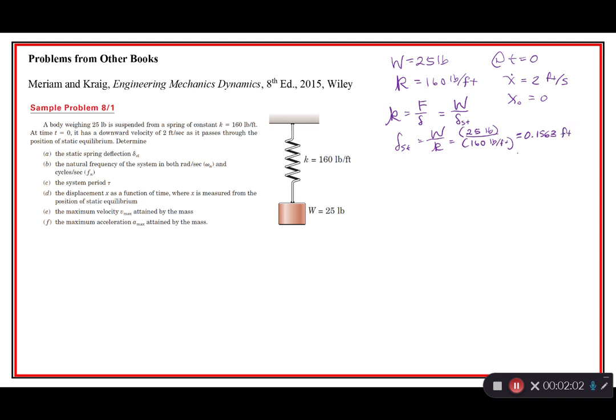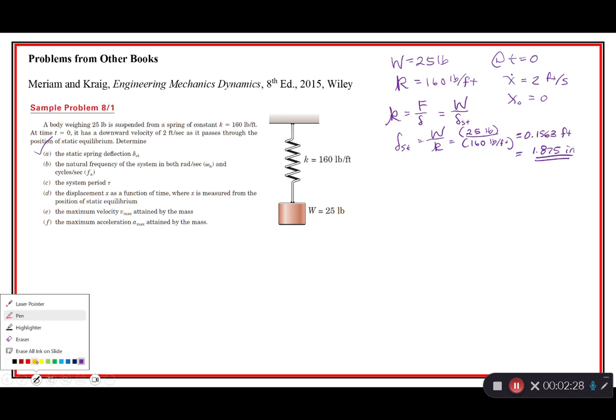Then you multiply by 12, and you get 1.875 inches. It's smarter to report this in inches than in feet, because we can visualize something a little less than 2 inches, 1 7/8 inch. All right, so that right there is A.